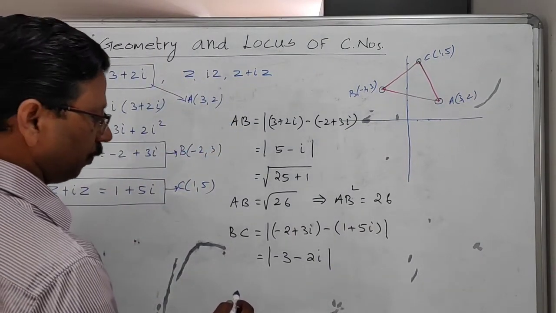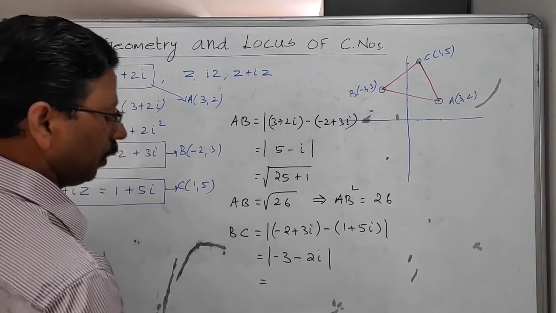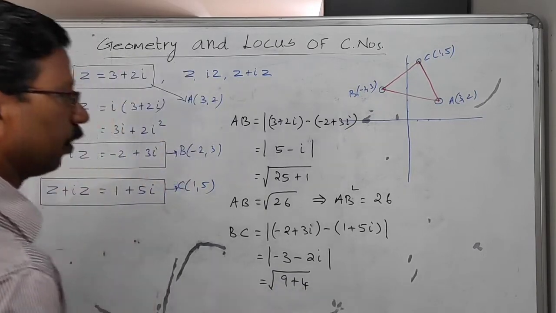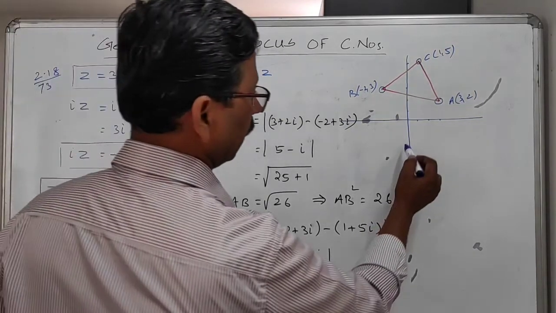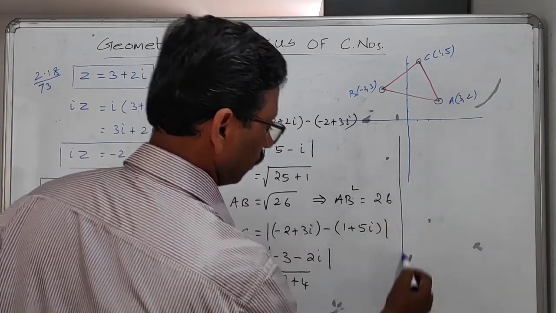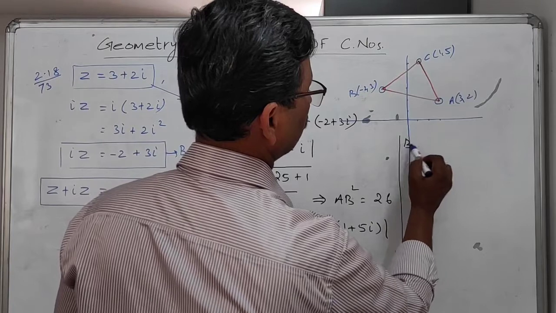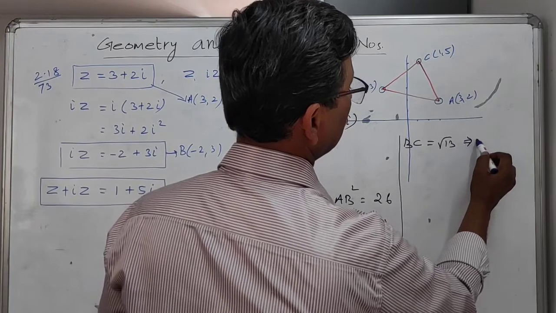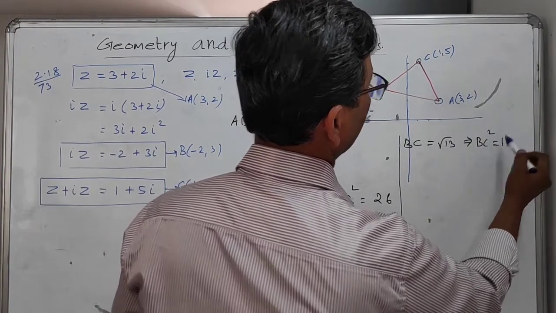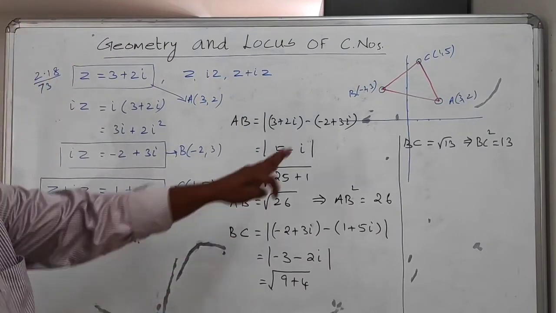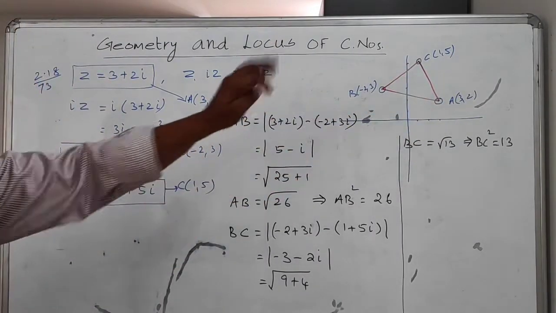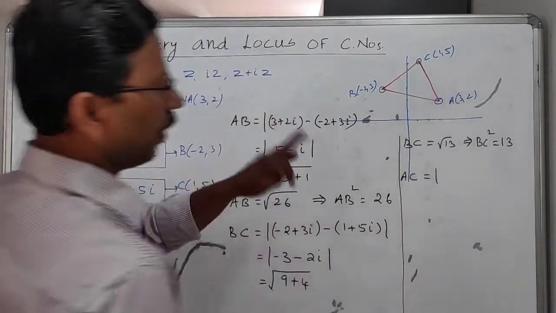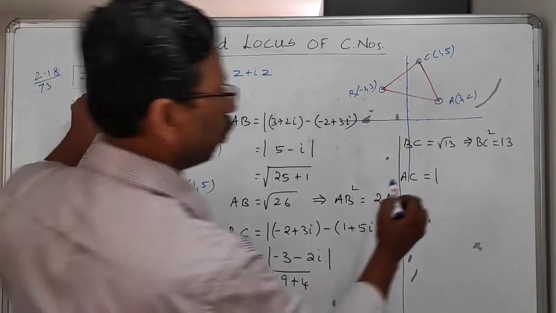Now which is equal to root of 9 plus 4. That is BC equal to root 13. This implies BC square is equal to 13. After finding BC, we can find CA or AC. AC is equal to the distance between the points A and C. Point A is 3 plus 2i.